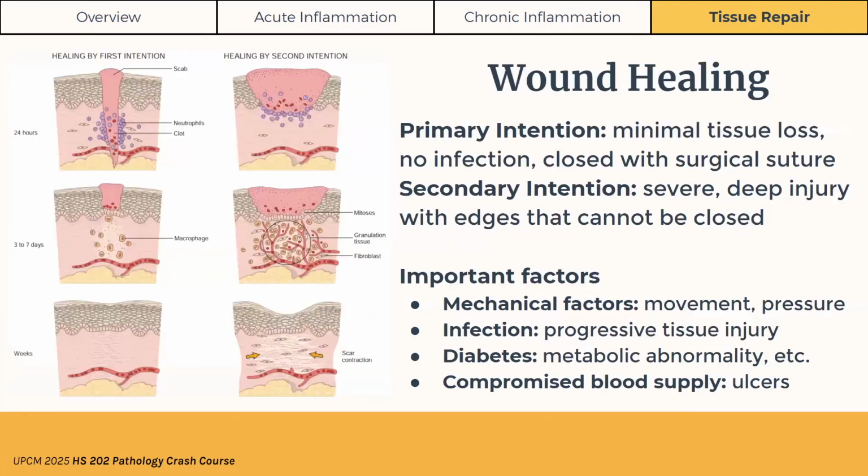So let's talk about wound healing naman, which is a clinically significant type of tissue repair. So for injuries na onti lang naman yung nawalang tissue, walang infection, and na-close ng maayos yung edges, primary intention or sa book, first intention, ang mechanism of repair na natitrigger.